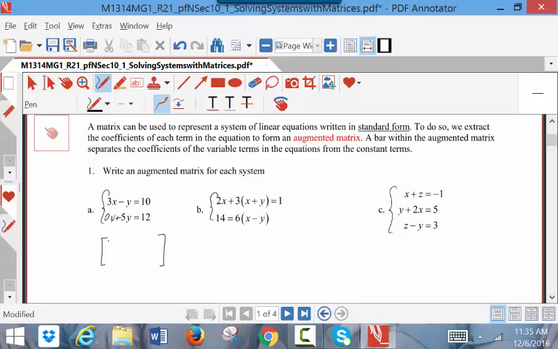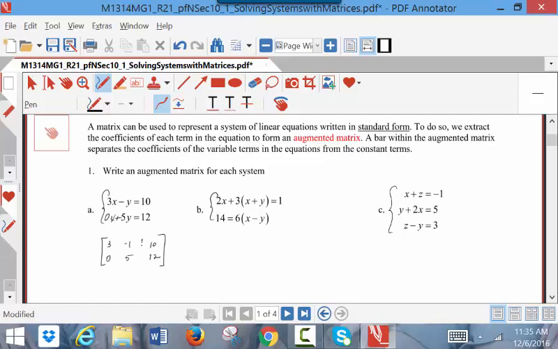So the first row you have a 3 as a coefficient of x, a -1 as a coefficient of y, and then on the end a 10 is a constant. On the next equation you have a 0 as a coefficient of x, a 5 as a coefficient of y, and the constant 12 on the end. This would be referred to as your augmented matrix for that system of equations.